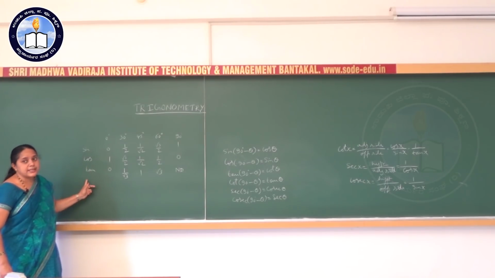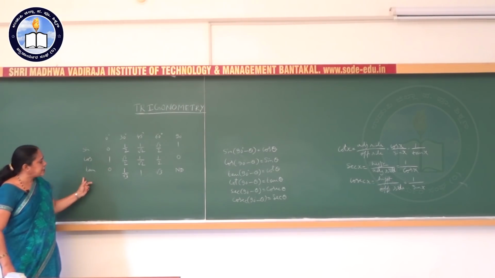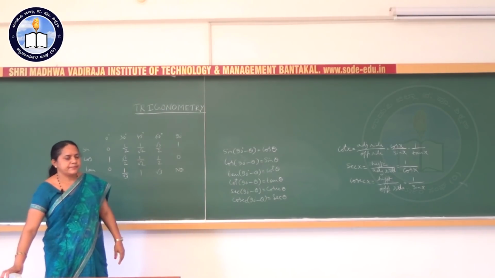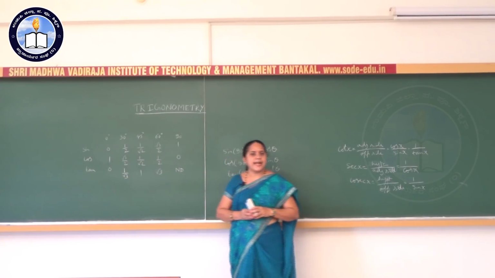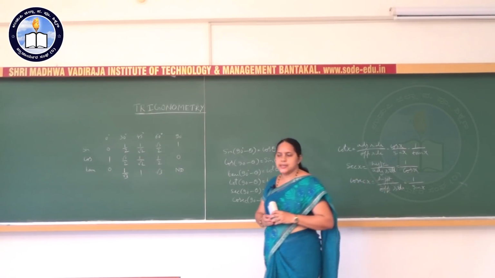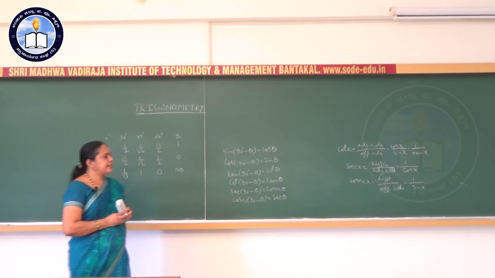That is, cot theta is 1 by tan theta, secant theta is 1 by cos theta, and cosecant theta is 1 by sin theta.